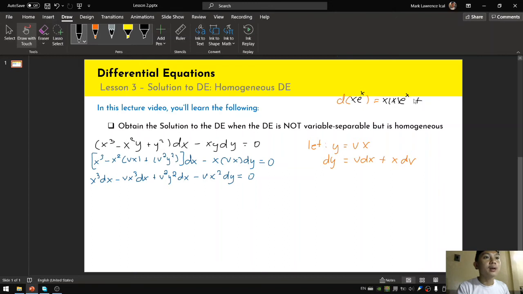Okay? Plus, this e raised to x, its differential is 1. So, the result is x squared e raised to x plus e raised to x. Obviously, that's going to be x squared. Factor out natin. It's going to be e raised to x, x squared plus 1. Okay. So, ganyan. So, going back.